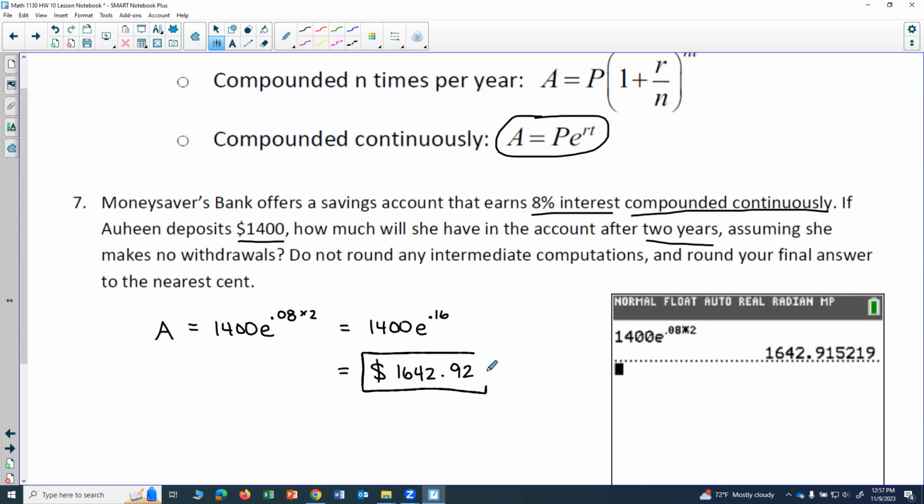All right, so now you've seen examples where your account or loan gets compounded n times per year, and you've seen an example where your account or loan is compounded continuously.